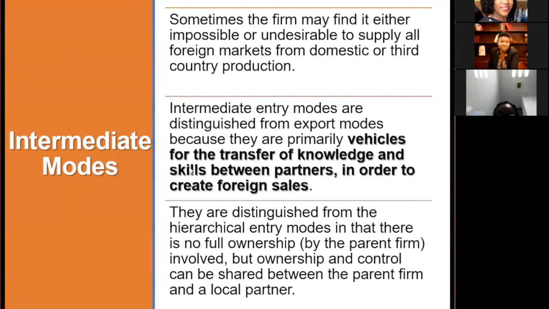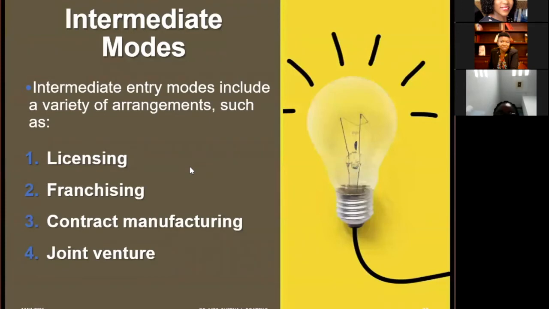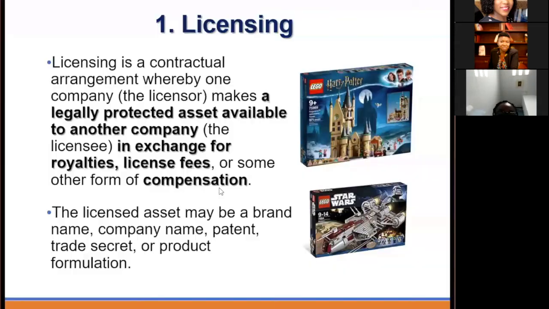So when we talk about intermediate modes, again, like the export modes, there are different forms, including licensing, franchising, contract manufacturing, and joint ventures, which we are going to talk about.